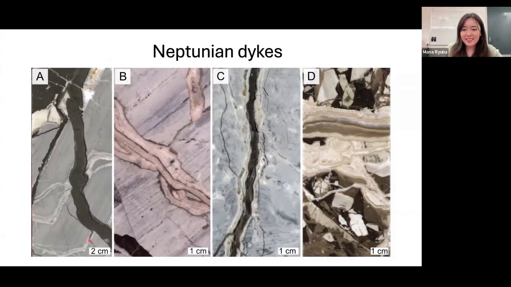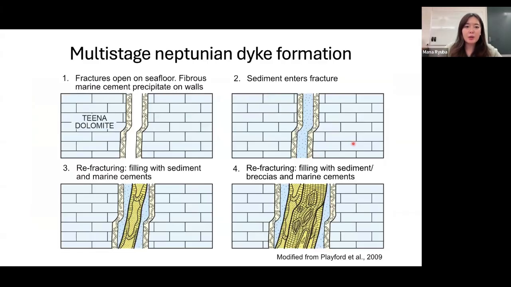So yeah, you can see that there's some really interesting textures here again, and you can get a sort of timing relationship for the different Neptunian dike phases. You can see that there's this white cemented Neptunian dike being cross-cut by this sediment one, and you can get really complicated features, and that's really just showing that we have a multi-stage Neptunian dike formation happening.